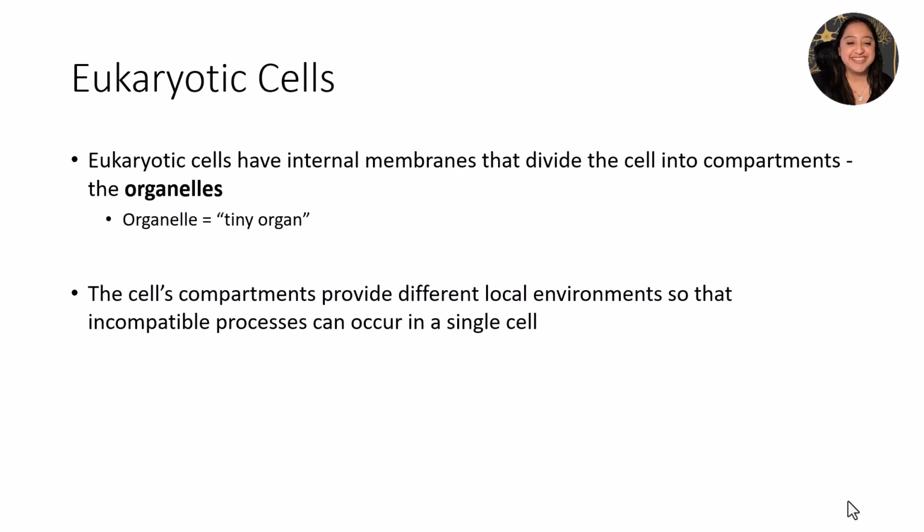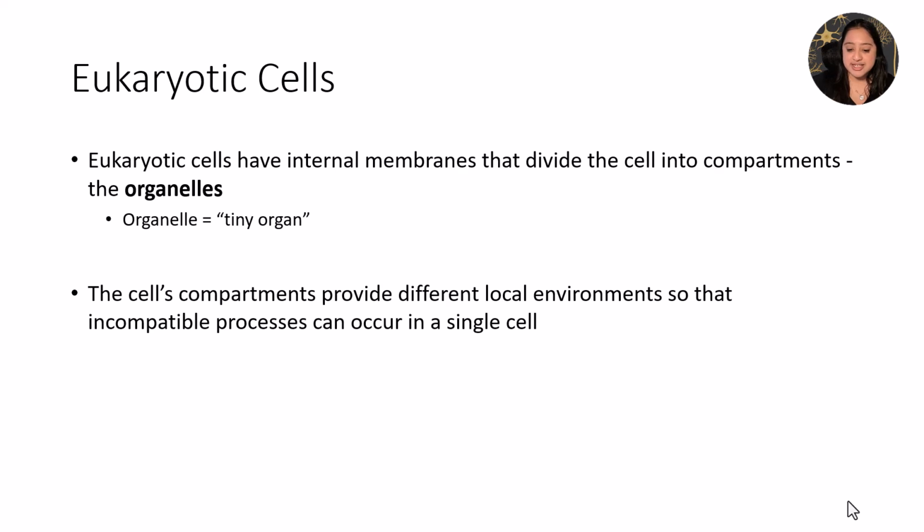So cute. If you think about how one cell can be a whole organism, it really is a good analogy to our organs, how each organelle has a separate space to do different things. The cell's compartments provide different local environments so that incompatible processes can occur in a single cell. For example, your stomach is a very acidic environment.